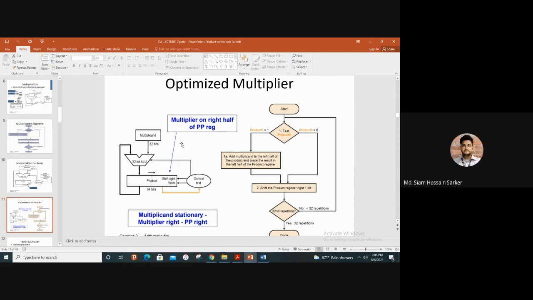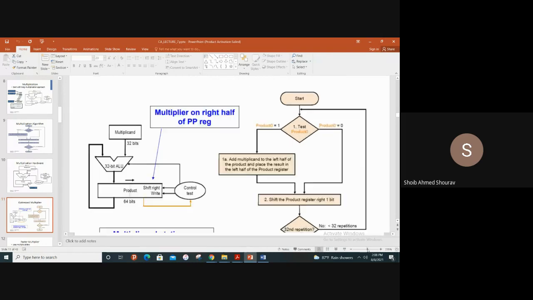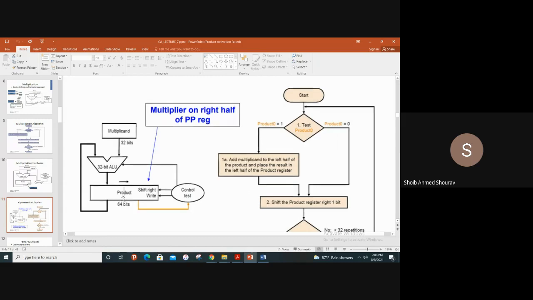Yes, sir. So, to do that, they have stored the multiplier value on the right half of the product register. The product register is now divided in two parts, left half and right half. In the left half, it will have the value of the product.